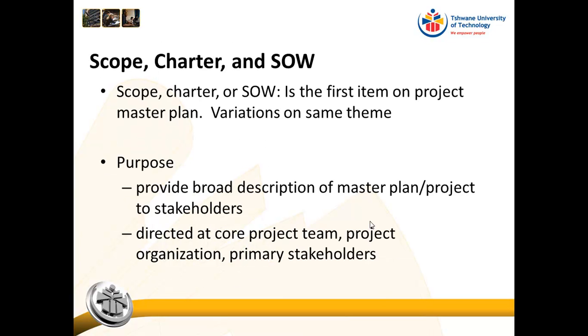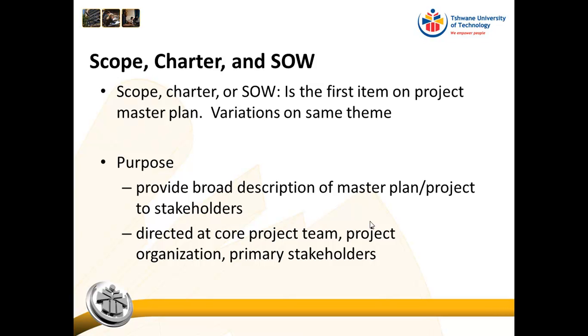Okay, so we said as the first items in the project plan we have scope, charter, and statement of work. These are the first items that we have in the project master plan, and they are variations on the same theme.